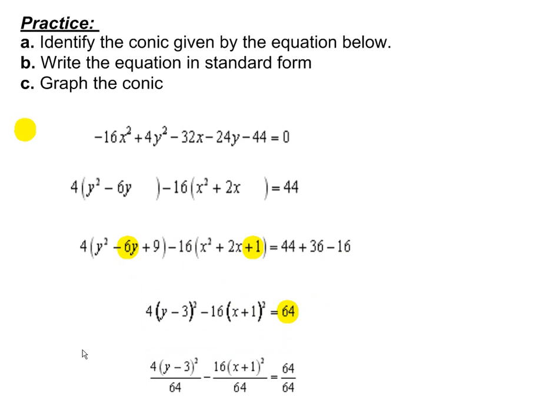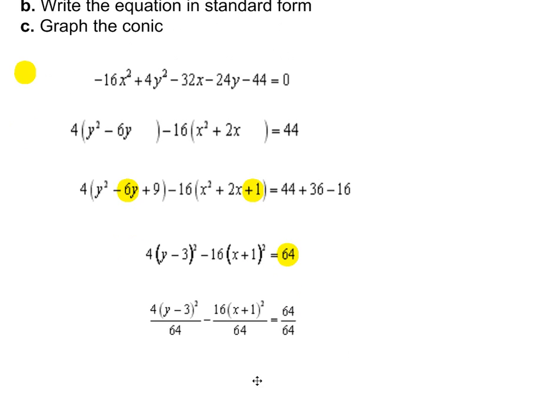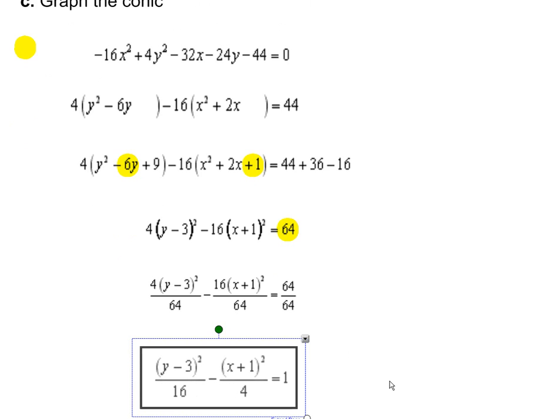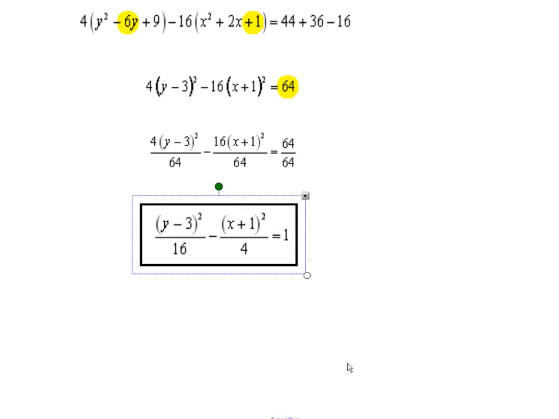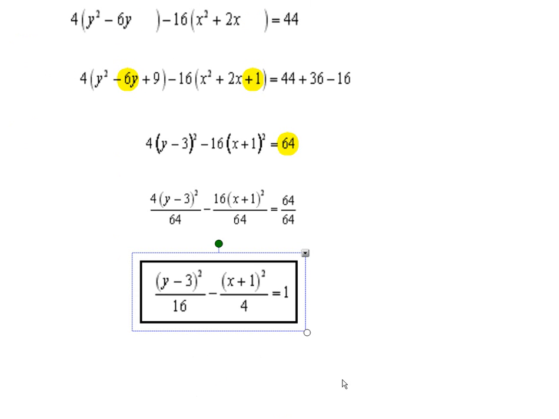When we divide by 64, we just reduce the fractions, and 64 divided by 64 gives us positive 1. And there we are: 4 goes into 64 16 times, and 16 goes into 64 4 times. And that's our standard form of the equation of the hyperbola.